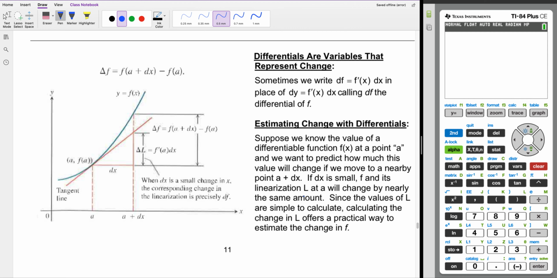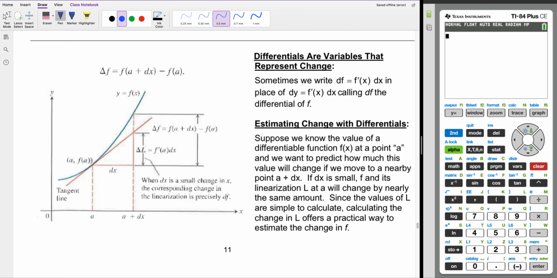So basically what this is saying is that we could do the same stuff with the tangent line that we could do for a secant line. If I wanted to estimate the change in a function, I can do it with the tangent line. The problem is, it's not always going to be a good estimator.